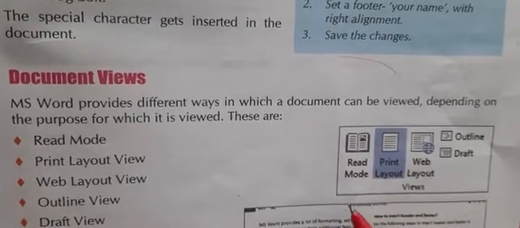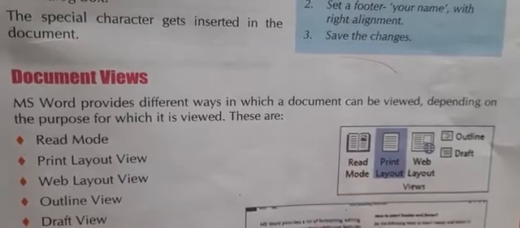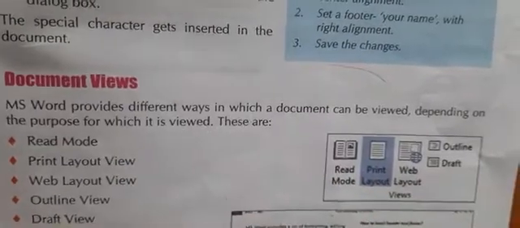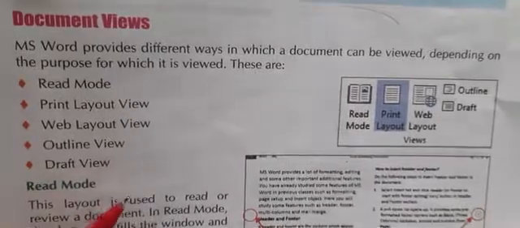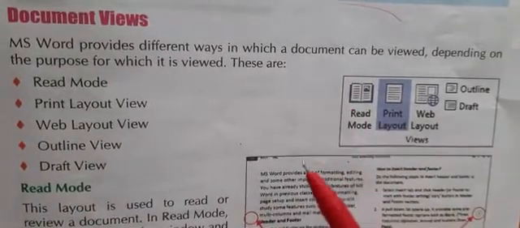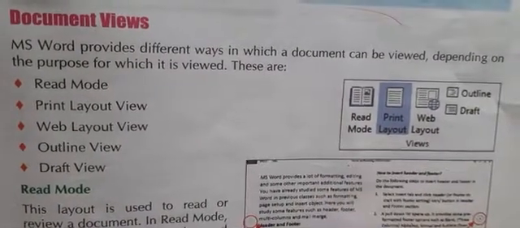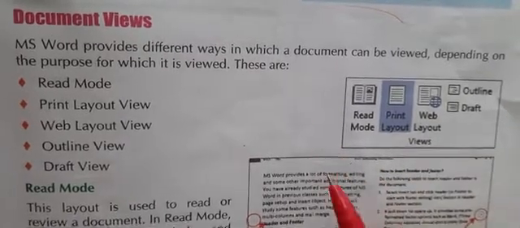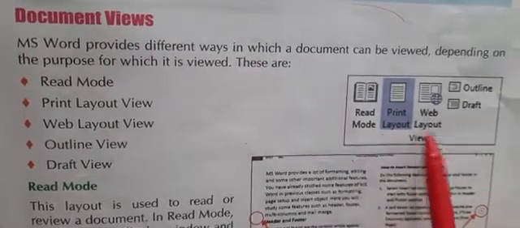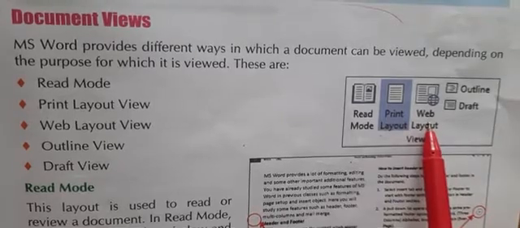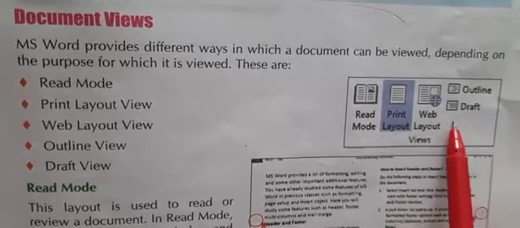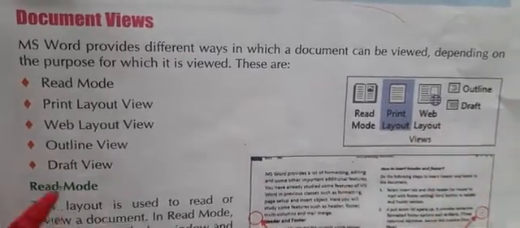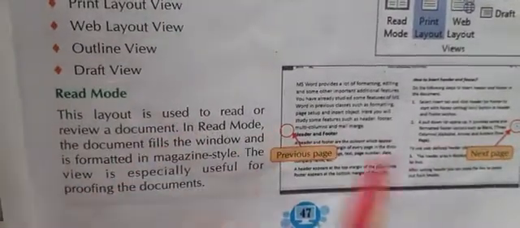What are they? It can be read mode, print layout view, web layout view, outline view, or draft view. These 5 options are available to view the document in MS Word. We will study them in detail.